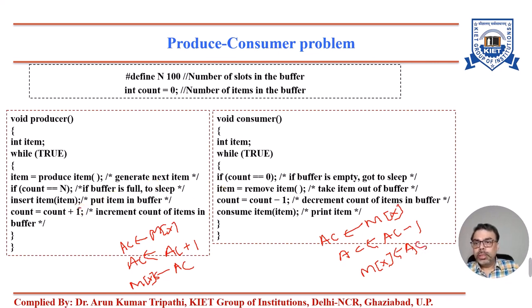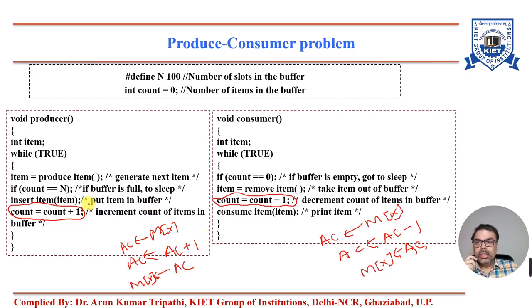Now, when increment and decrement operations are performed by the processes, that means the producer is incrementing and the consumer is decrementing, if there is a switchover, it will lead to an incorrect result.